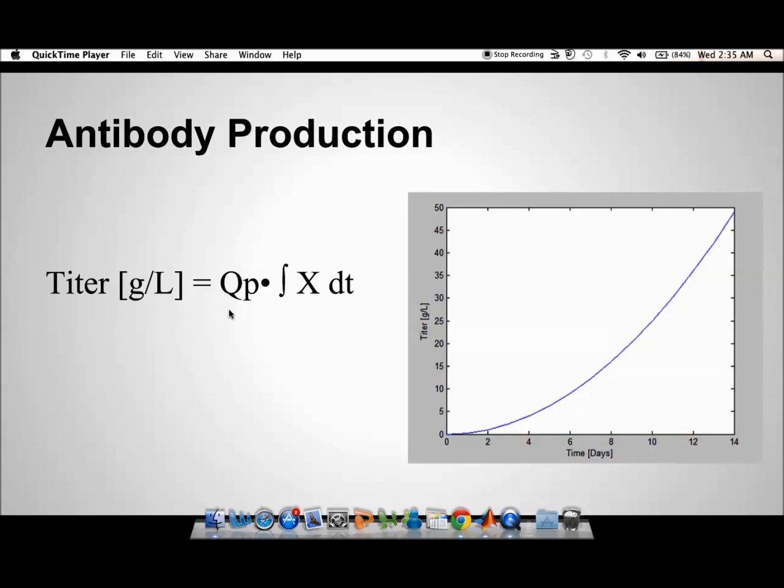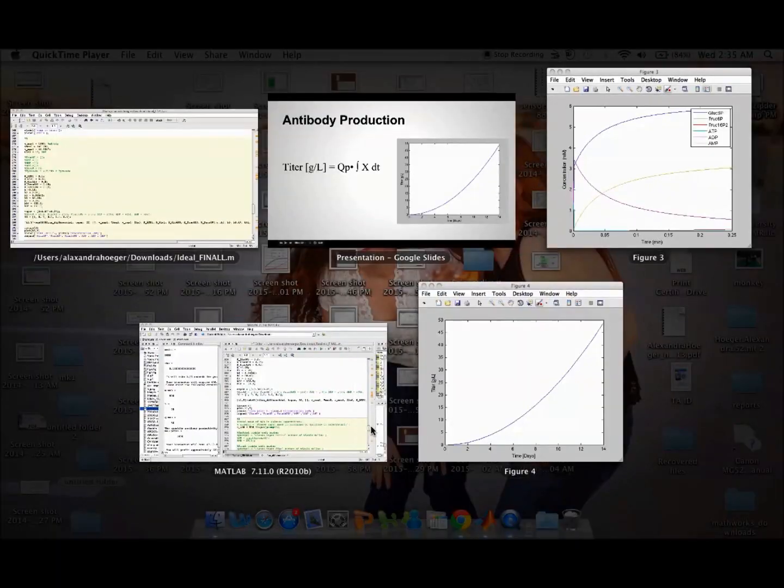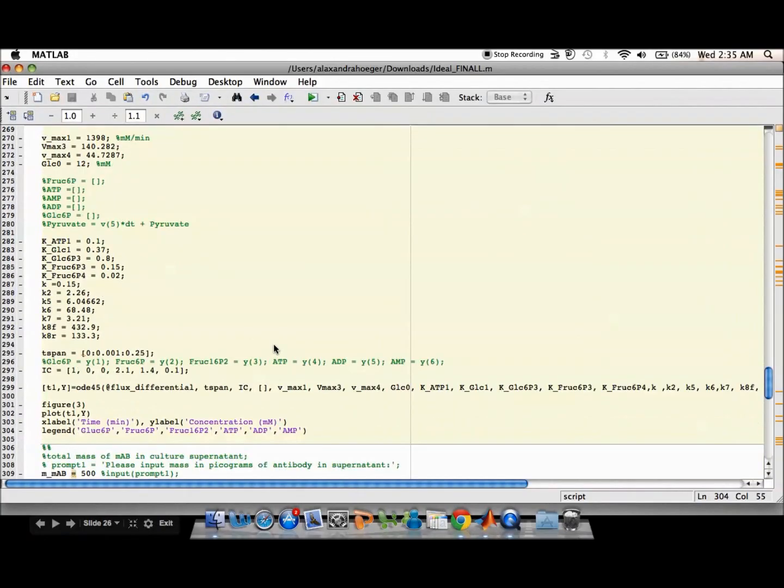So I used an example of a moderate specific antibody productivity in order to get the grams of antibody produced per liter over time in our bioreactor, by integrating this in MATLAB, as I can show you.